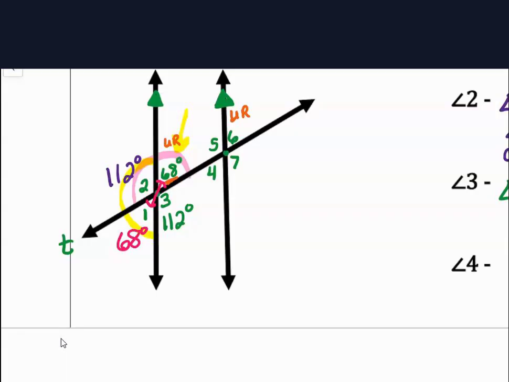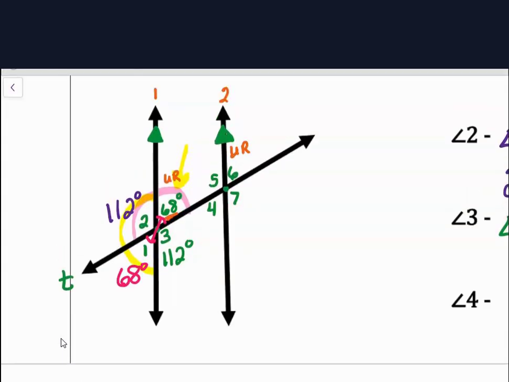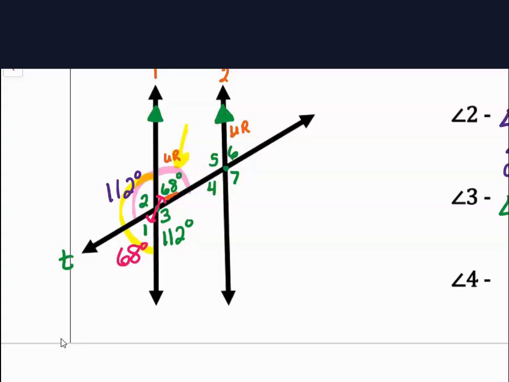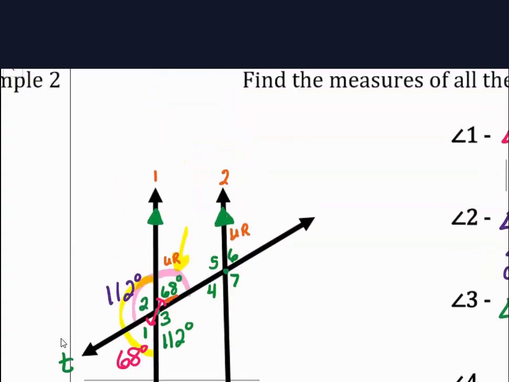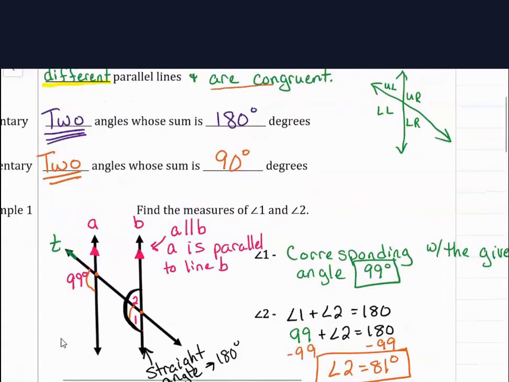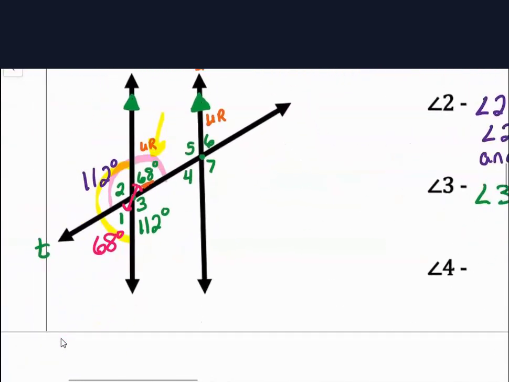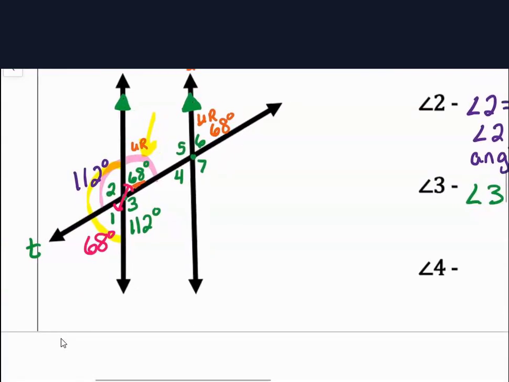And it's on different parallel lines. If we called this parallel line 1 and this parallel line 2, we're on different parallel lines. So that means that we have found corresponding angles, and corresponding angles are congruent. So I can now say angle 6 is 68 degrees.